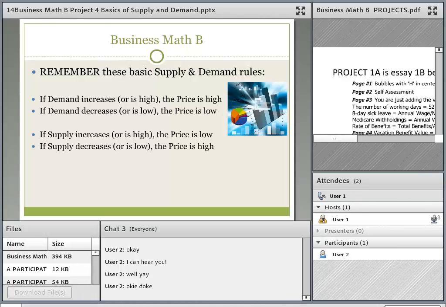If there's a large supply, a high supply, then the price is going to be low. And if there's not much supply, then the price is going to be high. Obviously, the cost of the product and what it takes to make the product will affect the selling price.